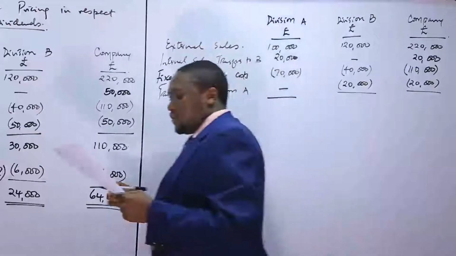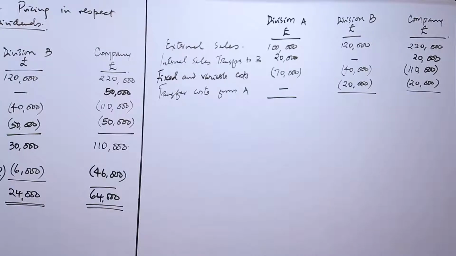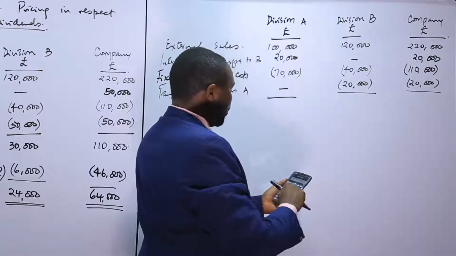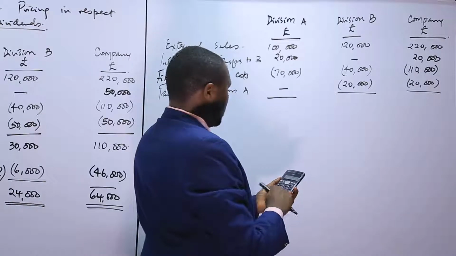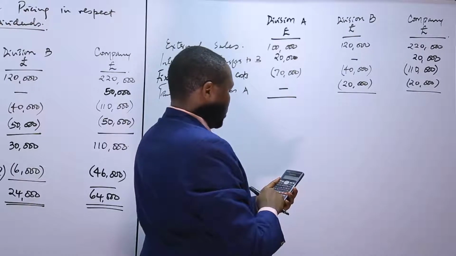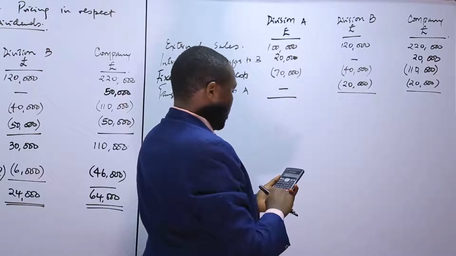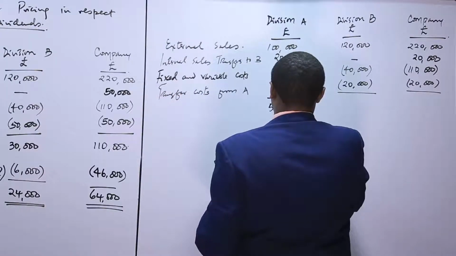So what is our profit before tax? What is our taxation? And what is our profit after tax? So profit before tax of division A will be 100,000 plus 20,000 minus 70,000 gives us 50,000.